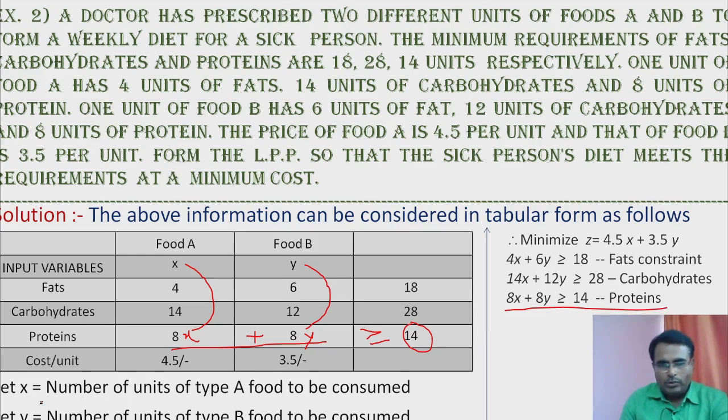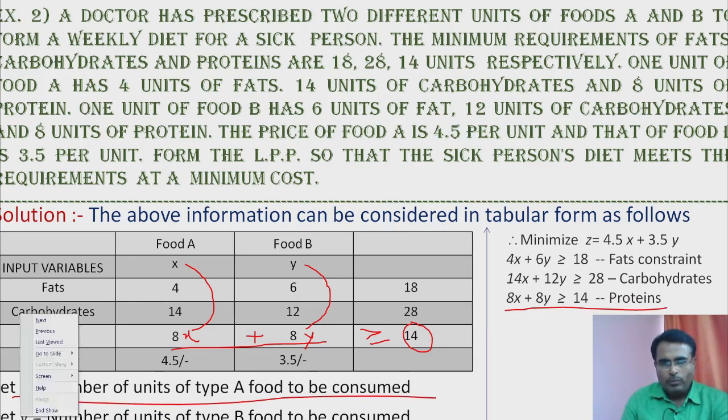As we have assumed that x denotes the number of units of food A and y denotes the number of units of food B to be consumed, it is clear that x and y are numbers of units of food to be consumed. That's why they must be non-negative.